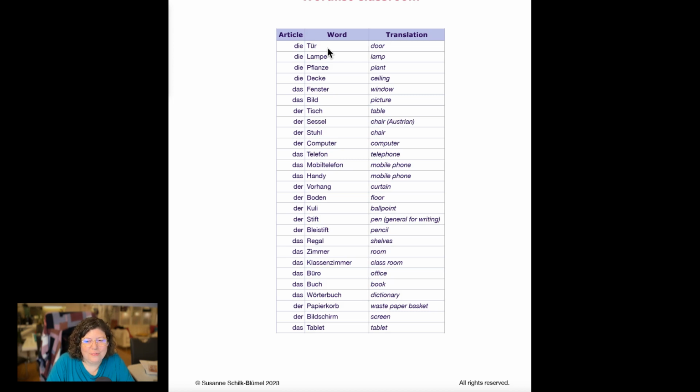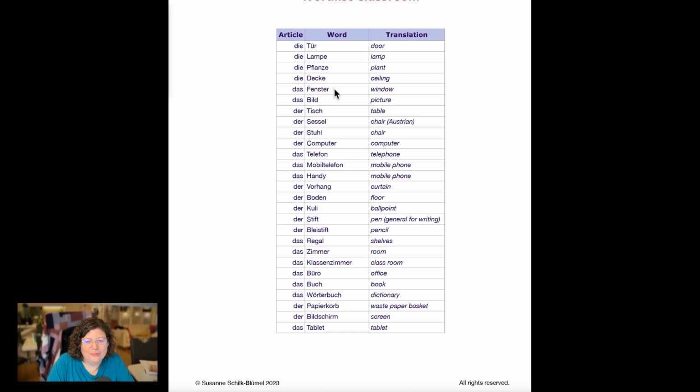Shelves. Das Zimmer. Room. Das Klassenzimmer. Classroom. Das Büro. Office. Das Buch. Book. Das Wörterbuch.